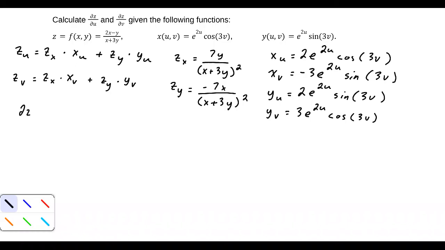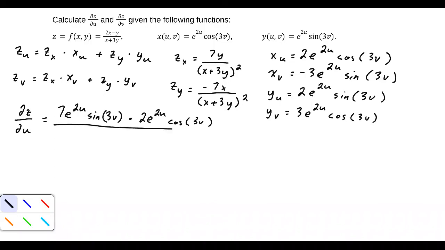So the partial of z with respect to u is equal to a numerator of 7 e to the 2u sine 3v multiplied by 2e to the 2u cosine of 3v over (e to the 2u cosine of 3v plus 3 e to the 2u sine of 3v) squared.